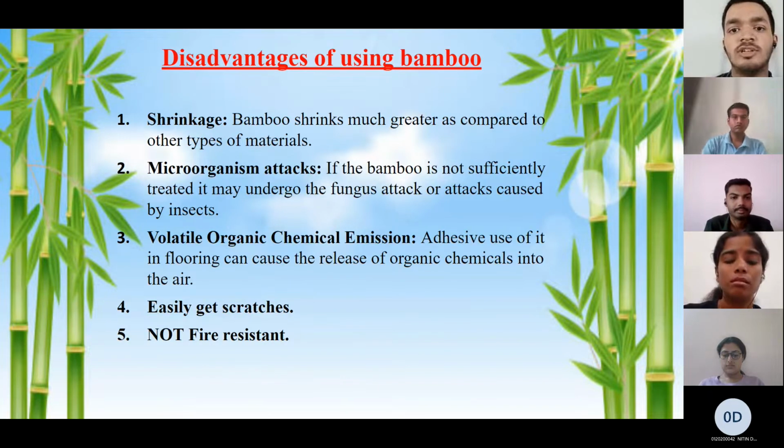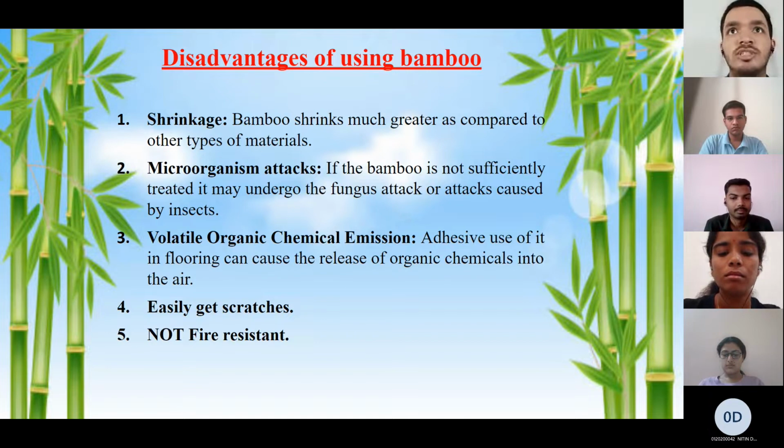So let's see the disadvantages. Bamboo shrinks much more compared to other types of material. The second one is microorganism attacks. There are some microorganisms present in nature due to which the life cycle of the bamboo is reduced. Third is volatile organic chemical emissions.